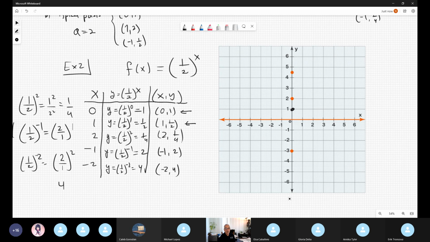I plot this typical point. 1,1/2. I suppose here. Half, you know, in this segment is a half. This point is 1,1/2. And this one is -1,2, here. Wow, so now the exponential looks different. It looks like that.